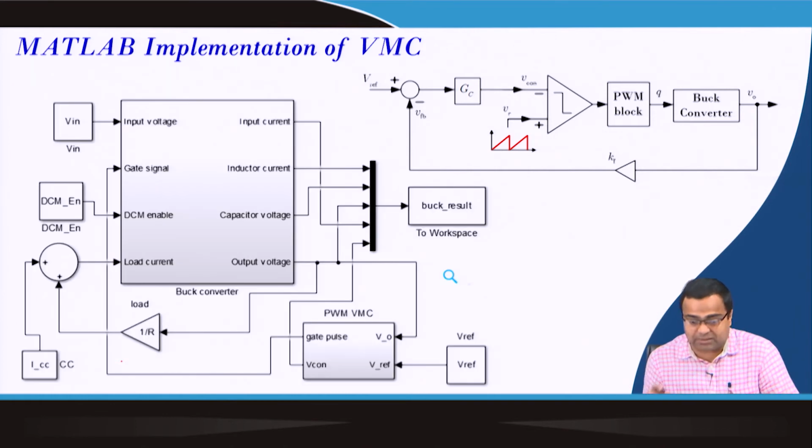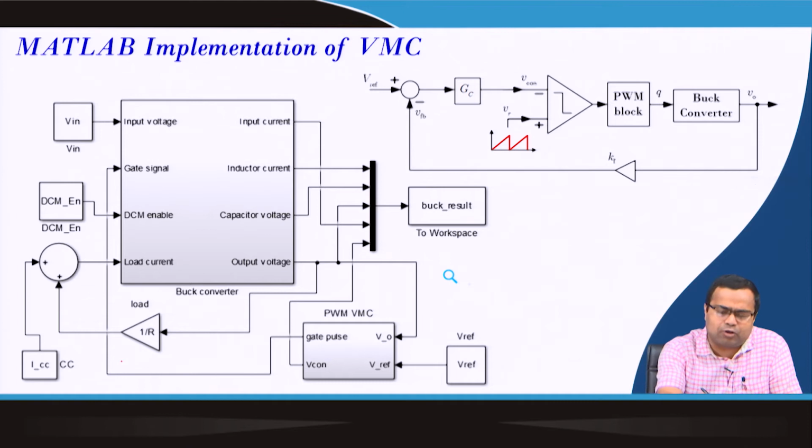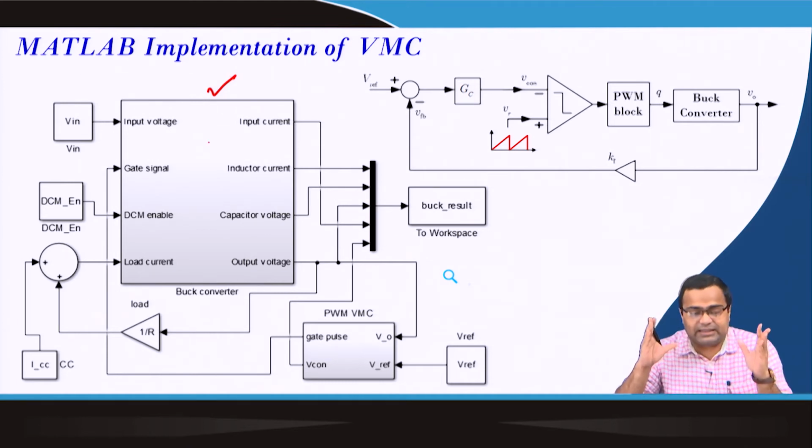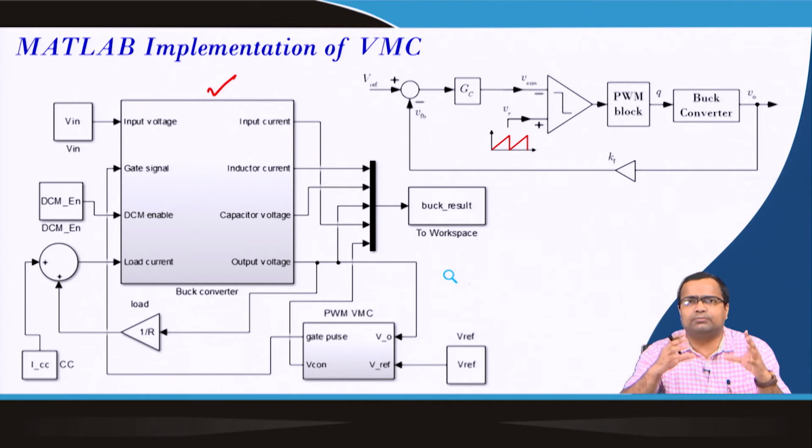Before going to the MATLAB implementation, I want to show the MATLAB diagram. This converter diagram we have already shown; this converter was built in the very beginning, in the first week as well as in the second week. I have shown you that custom block to come up with this subsystem for the power stage buck converter, which includes the parasitics of the switch, the inductor, the capacitor and the switching signal.